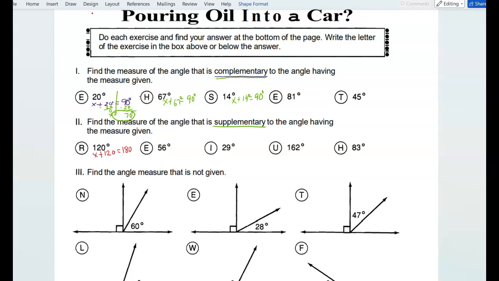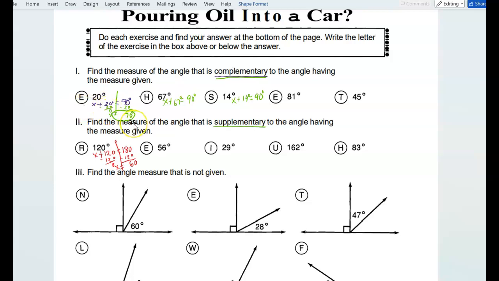We do the inverse of addition, which is subtraction. We get 0. What we do to one side, we do to the other. Sure, I can draw that vertical line. And then 180 minus 120 gives us 60. X equals 60.